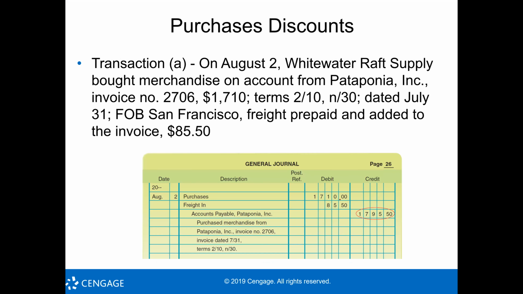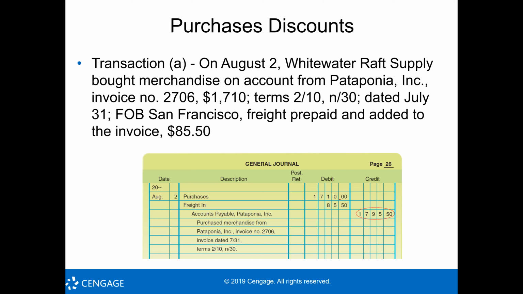So we're going to look at some examples of purchase discount transactions. This one says, on August 2nd, Whitewater Raft Supply bought merchandise on account from Pataponia Inc. Invoice 2706, $1,710, terms 2/10 N/30, dated July 31st, FOB San Francisco. Freight prepaid and added to their invoice, $85.50.